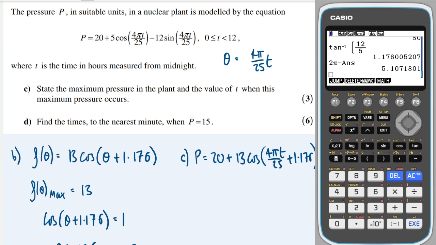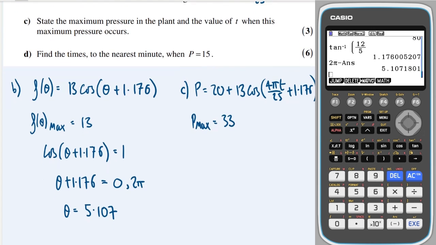Okay, great. And this hits a maximum when the cos is equal to 1, so we get P max is equal to 20 plus 13, so that's 33. And when does that happen? Well, again, that happens when cos of 4 pi t over 25 plus 1.176 is equal to 1.